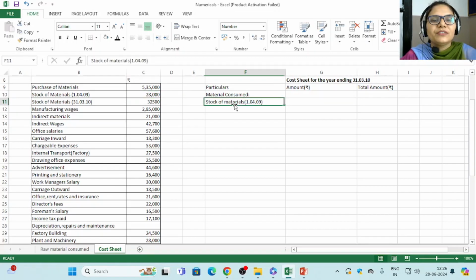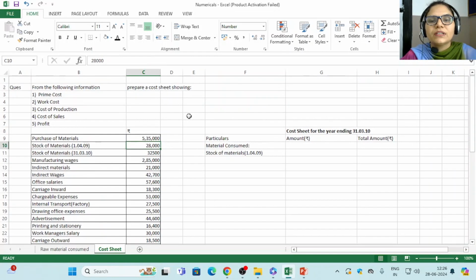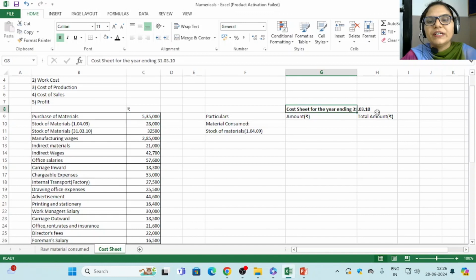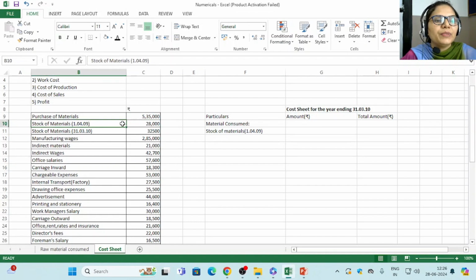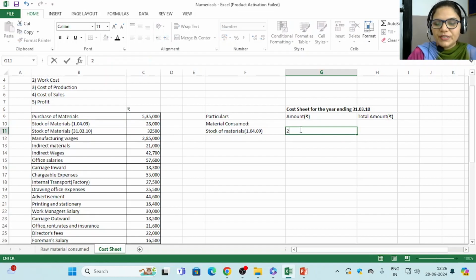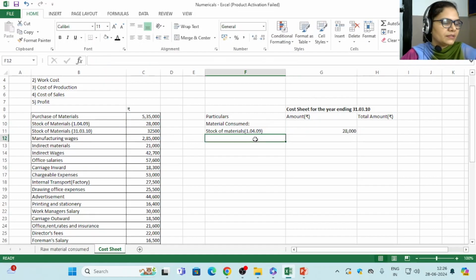We have taken this value as the opening stock because our cost sheet is being prepared for the year ending 31st March 2010, and this value being of 1st April 2009, it is taken as the value of our opening stock, which is rupees 28,000. Next, add purchases to it.